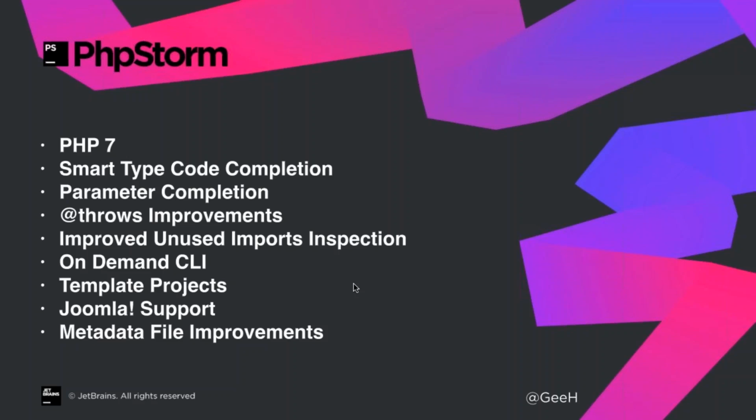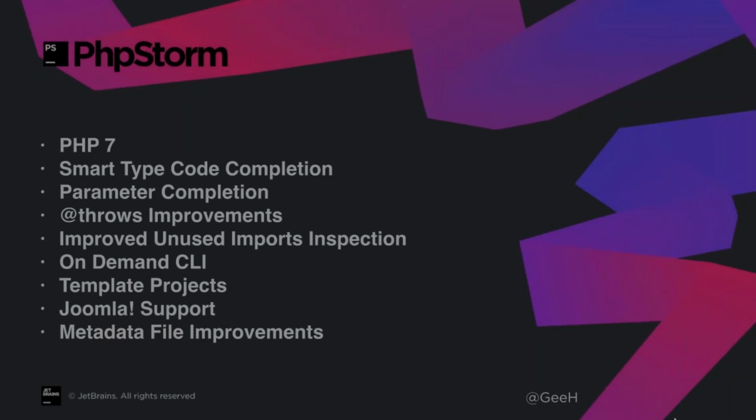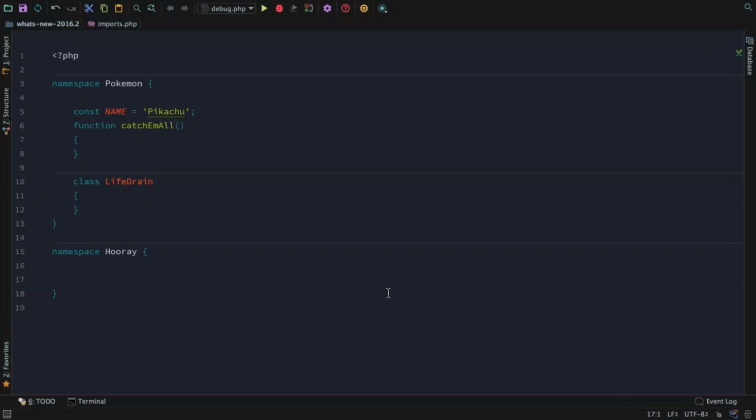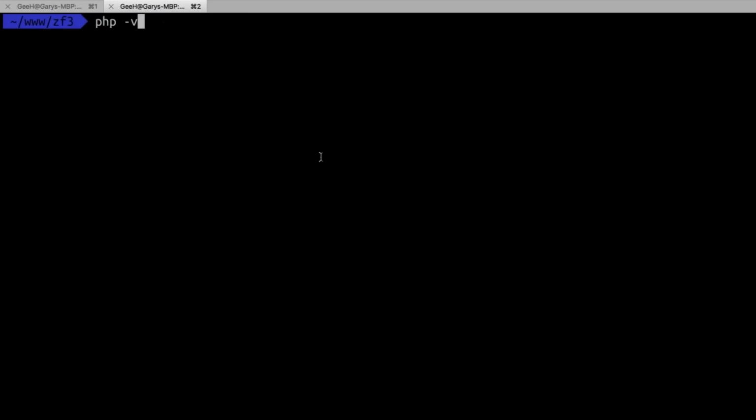So this solves a problem I didn't even realize that I had until we came to this release, and this on-demand CLI was added, and I was thinking, wow, this does actually help me to do things quicker every single day. So this may well look familiar to people.